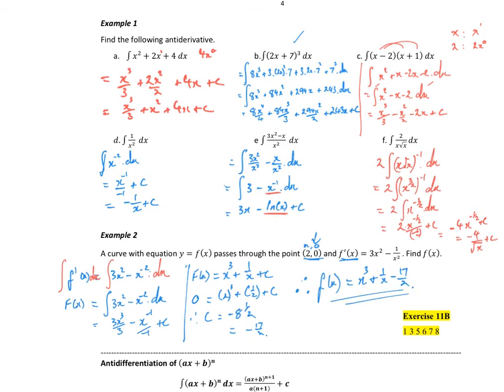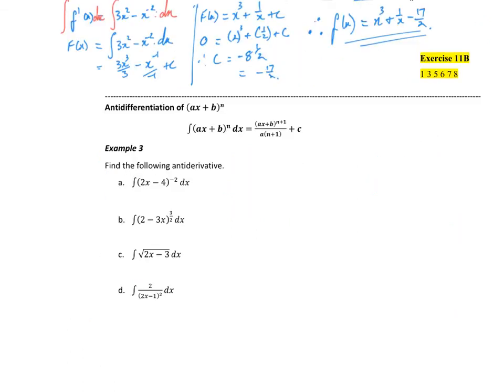Okay, have a go at a few. So you can see we've got a nice little integration rule that will help us only with integrating linear expressions. So it's got to be 2x plus 1, 3x minus 6, minus 2x plus 4, all to some power.